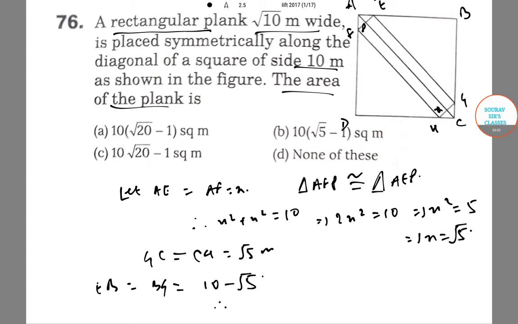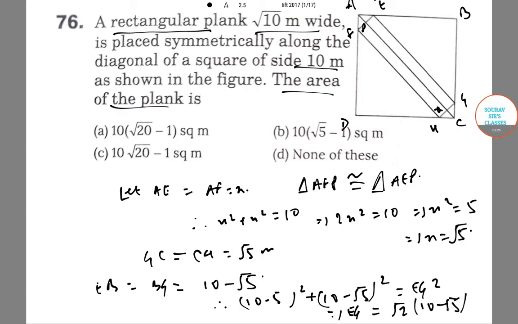Therefore, (10 minus root 5) squared plus (10 minus root 5) squared is equal to EG squared, and from here we get EG is equal to root 2 into (10 minus root 5) meters.